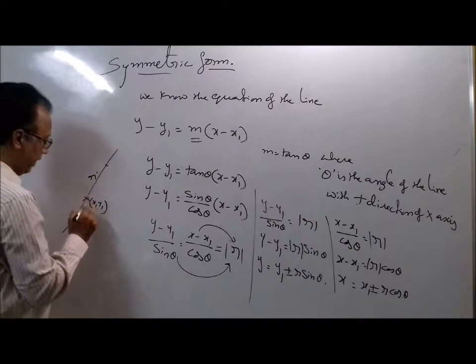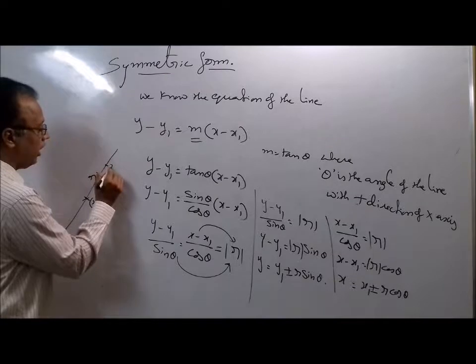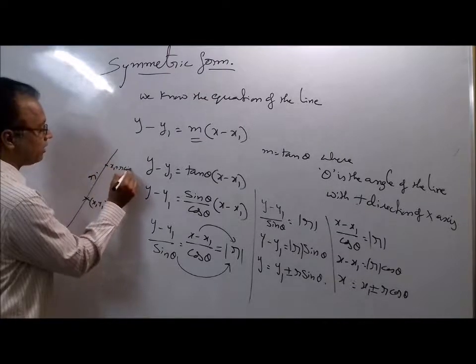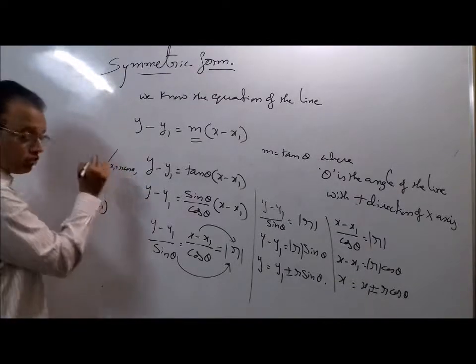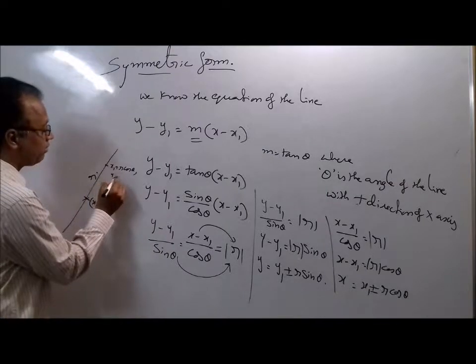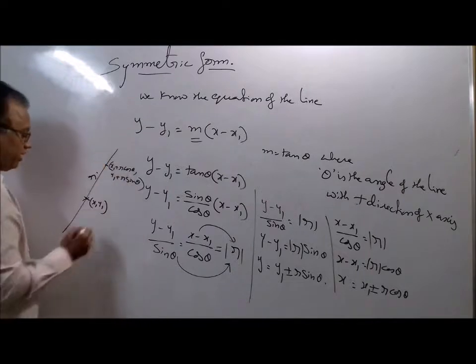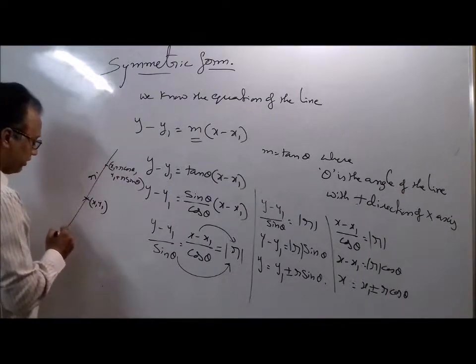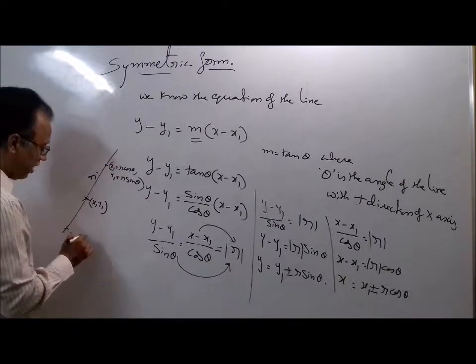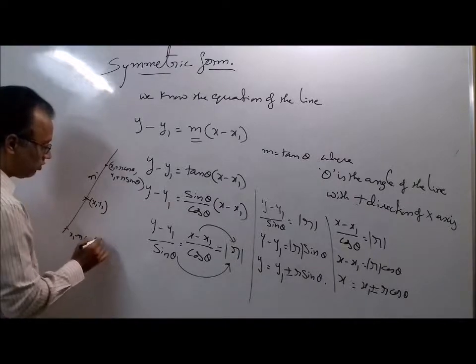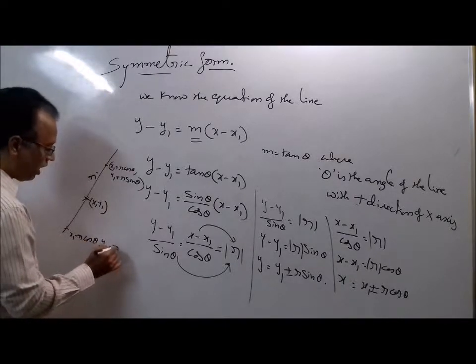So this will be x1 plus r cos theta as the x coordinate, y1 plus r sin theta as the y coordinate. And in the other direction, minus will be here: x1 minus r cos theta, y1 minus r sin theta.